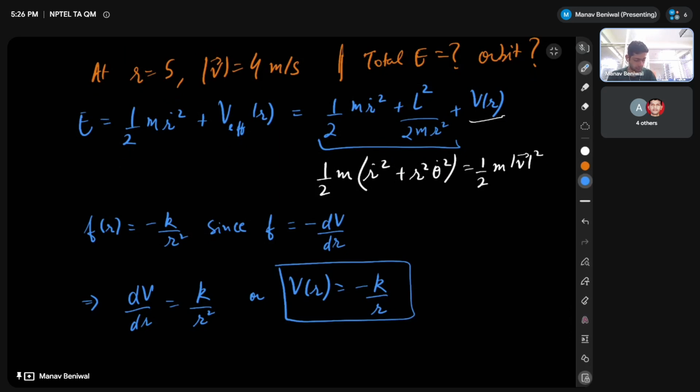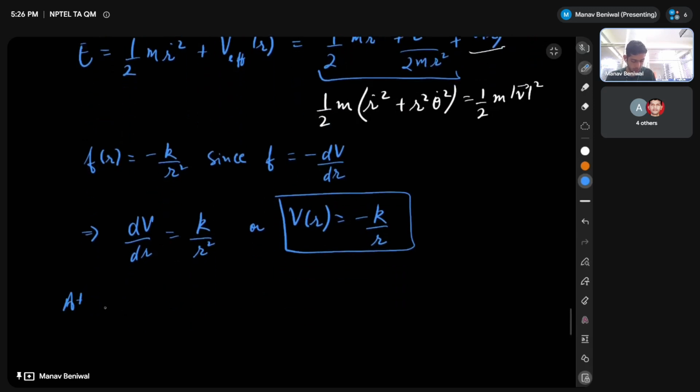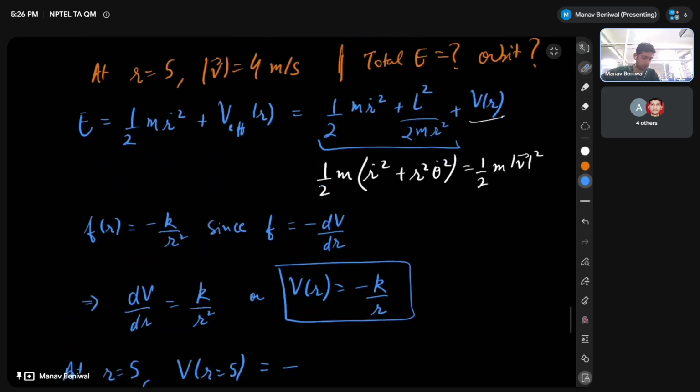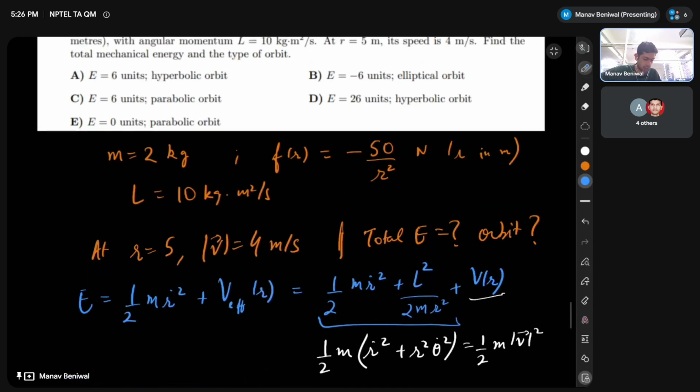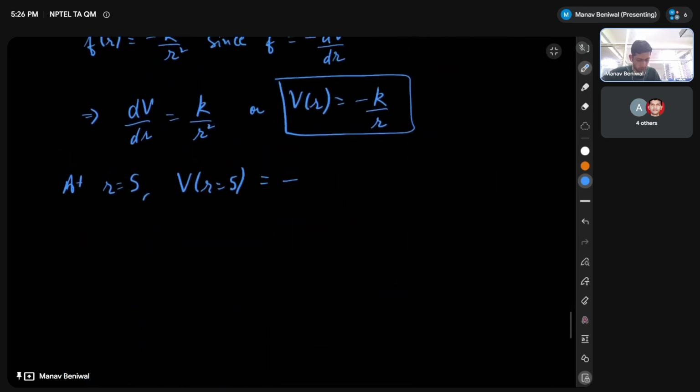Okay, so at r equals 5, my V will become minus k over r, where k is given to be 50. So this becomes minus 50 over 5, which is equal to minus 10.